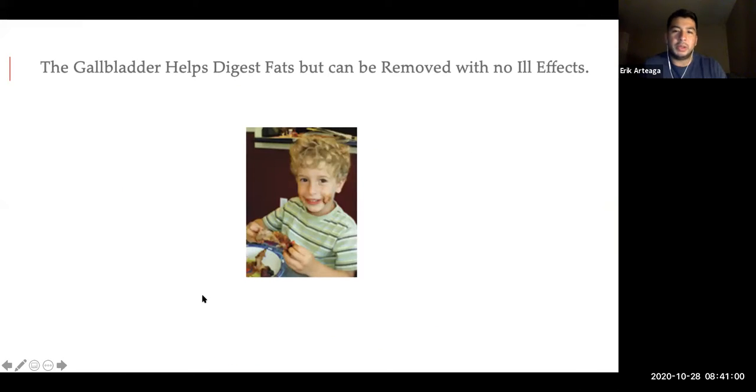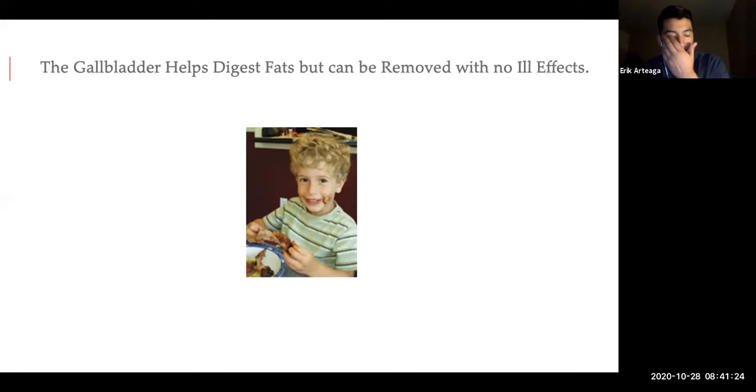So the gallbladder helps digest fats, but can be removed with no ill effects. So I would put a big asterisk by no ill effects. Many times you see mothers that have had children needing gallbladder surgery. They do have gallstones, often after a child.